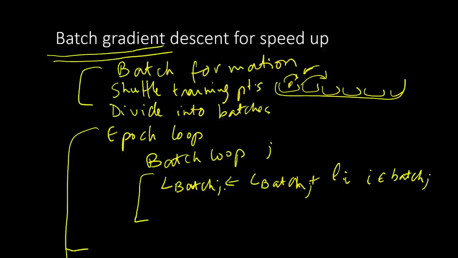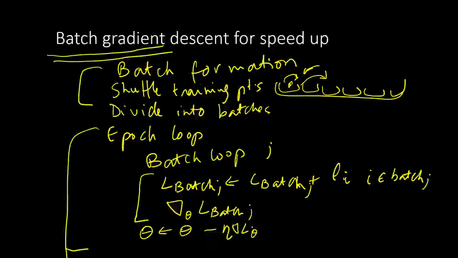All right, and then we are similarly computing del theta of the batch. And then we are updating the parameters based on the batch. So we are getting updates after each batch.